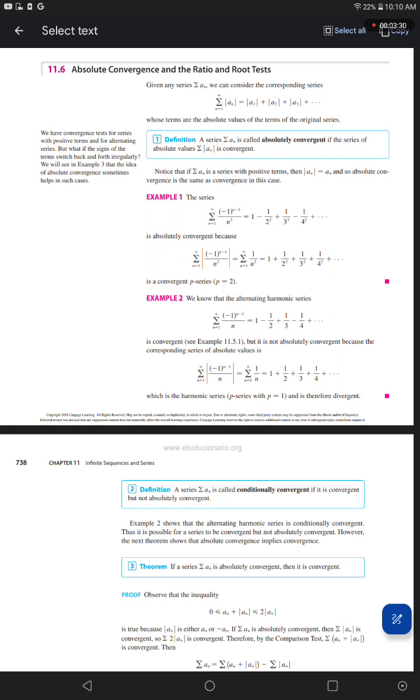But it is not absolutely convergent because the corresponding series of absolute values, the sum from n equals 1 to infinity of the absolute value of negative 1 to the power n minus 1 over n, equals 1 plus 1 half plus 1 third plus 1 fourth, and so forth, which is the harmonic series, a p series with p equals 1, and is therefore divergent.